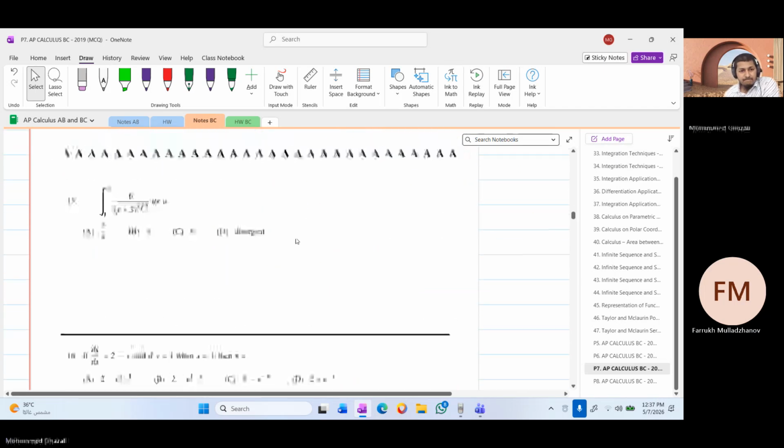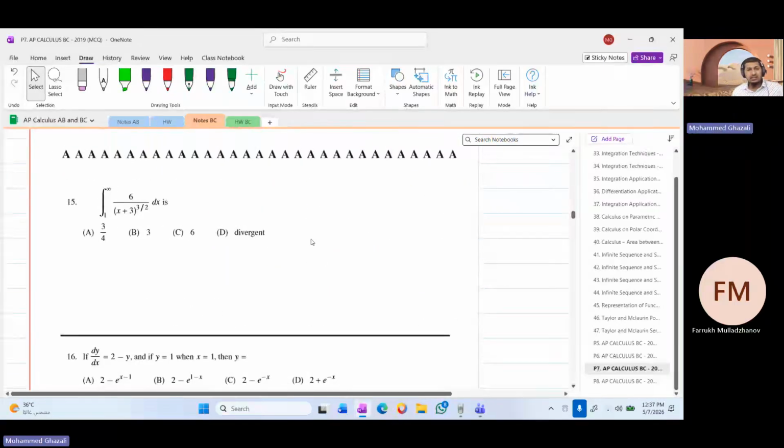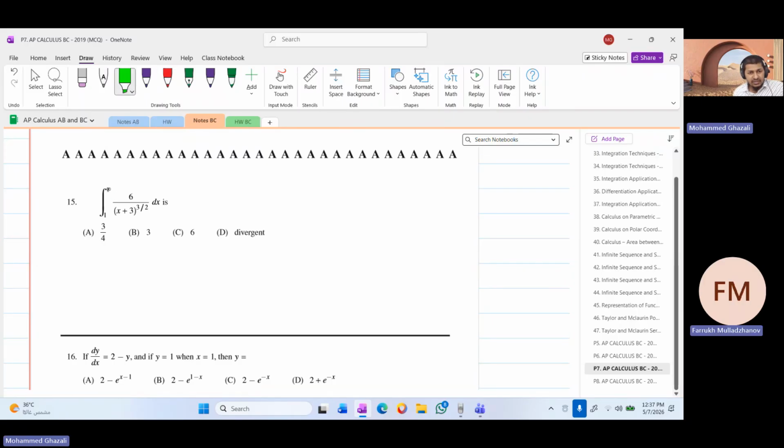Next one. We can find the integral of this. Now this integral is improper. We have to replace infinity by t. So you say limit as t approaches infinity, integral from 1 to t of 6 over x plus 3. Let's make x plus 3 equal to u, so du is equal to dx.